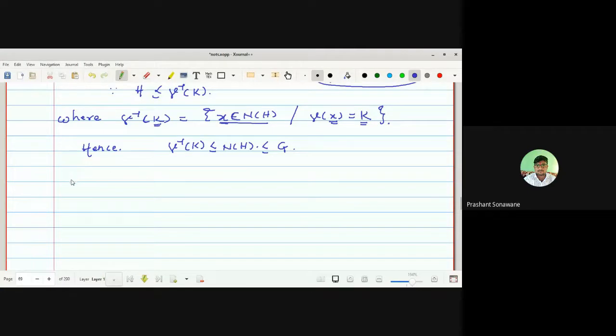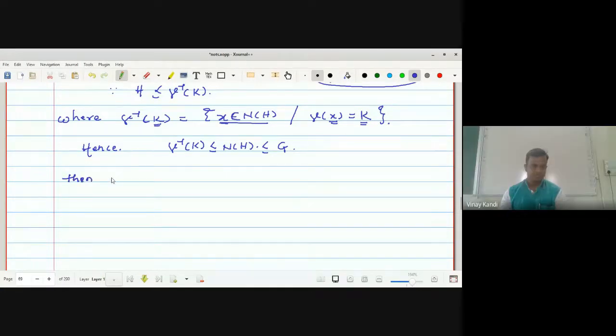Yes, sir. Then using a theorem. Which theorem? If N is a normal subgroup of G, then G by N is what? It is a quotient group.